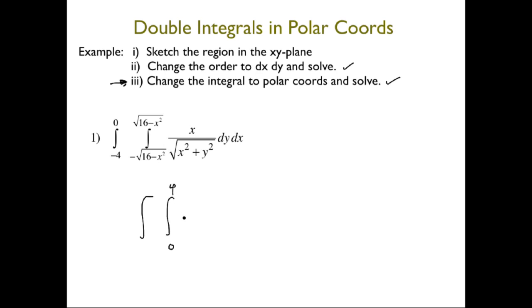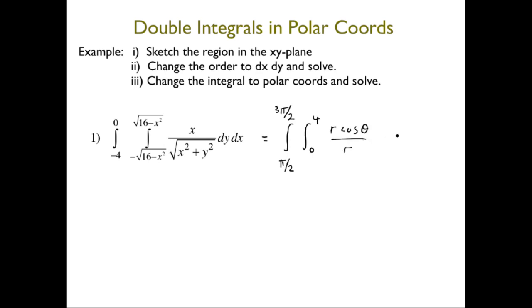Theta goes from pi over 2 to 3 pi over 2. Well, it's the whole left disk, right? Left disk. Okay, and then we got R cosine theta over R times R dr d theta.